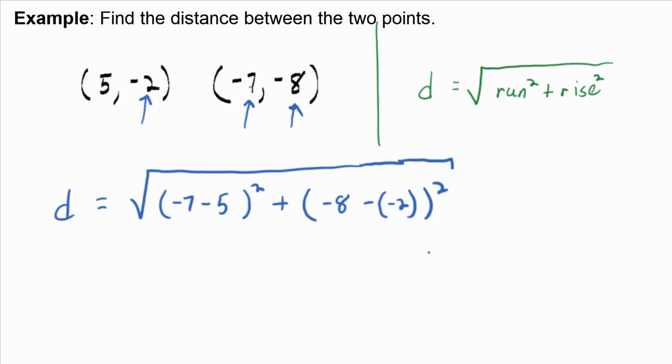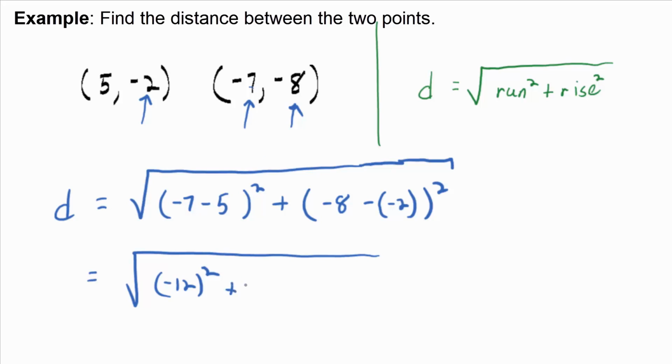All right, let's compute it. What's -7 minus 5? So you get -12 squared. You need those parentheses around the -12. When you don't have the parentheses, it's the opposite. You might be thinking it's 144, but when you write it without the parentheses around the -12, it's actually the opposite of 144, -144.